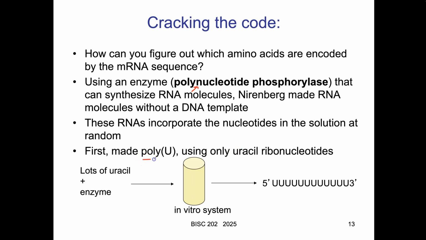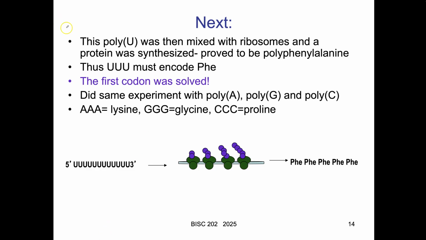So they just incorporate whatever is in the solution at random. And of course, if there's only one kind of nucleotide, then what you're going to get is strings of uracil. So they made these long RNA strands. And then they said, okay, let's just add ribosomes in the correct conditions and do an in vitro translation.